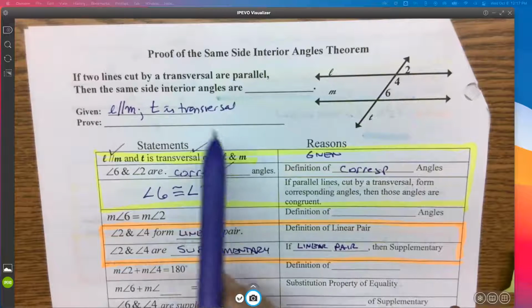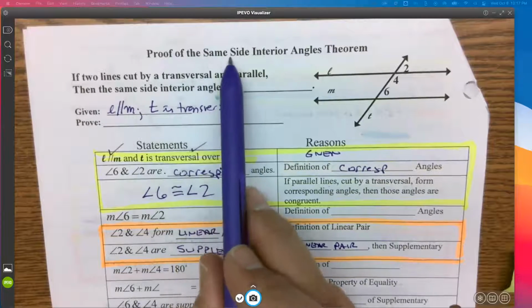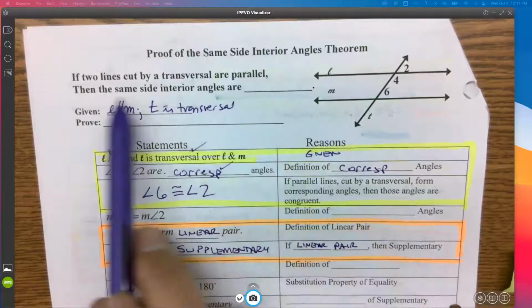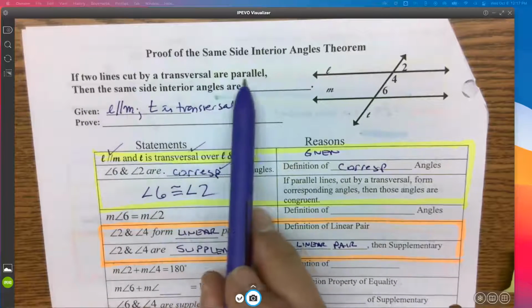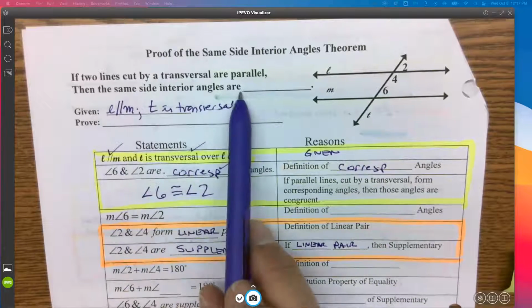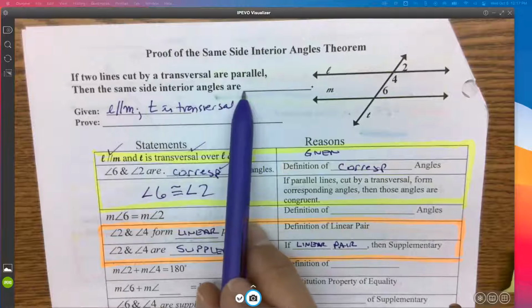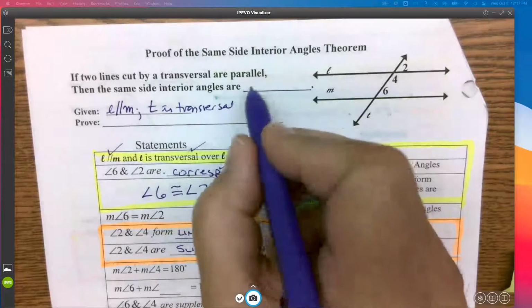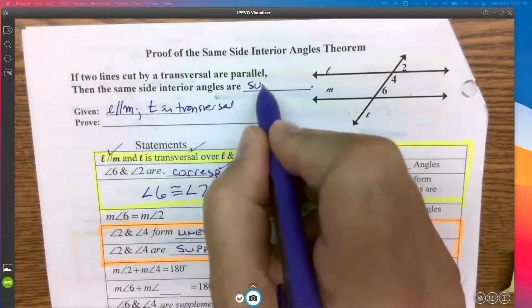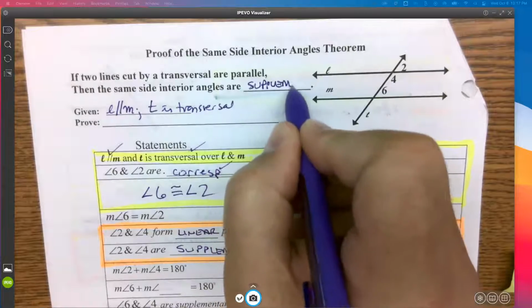Now let's remember why we're doing this. We're trying to prove same side interior angles. If 2 lines cut by a transversal are parallel, then the same side interior angles are what? No, same side supplementary.